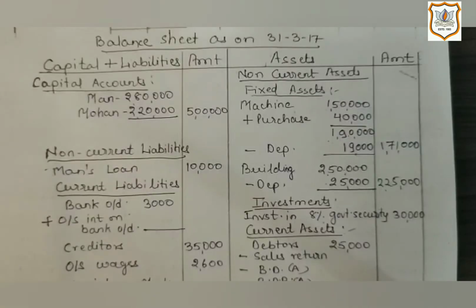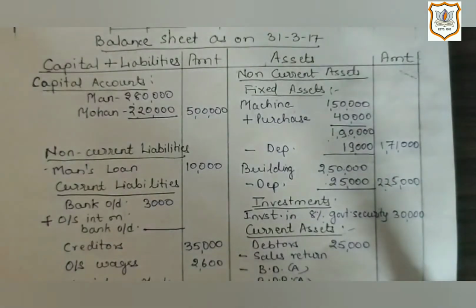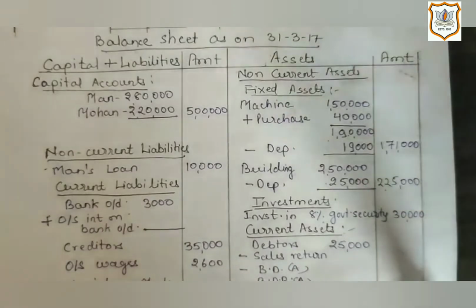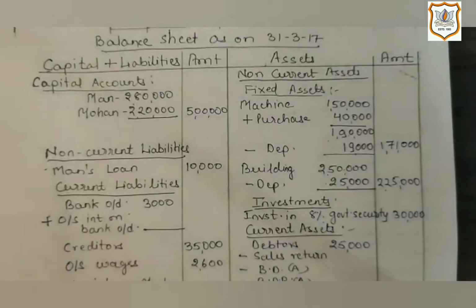Now let's move on to third adjustment. Before giving effect of third adjustment, we will have to give effect of adjustment number 5, as it is about sales return book and it will affect debtors. So let's give first effects of this adjustment.